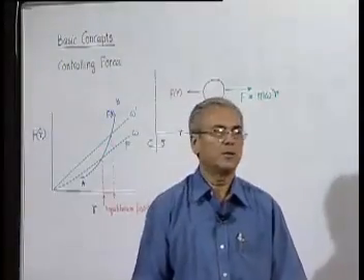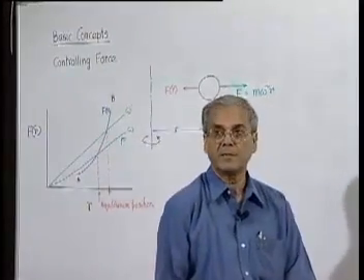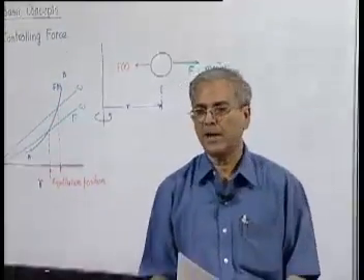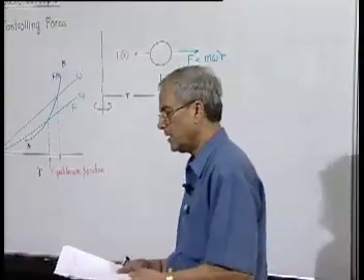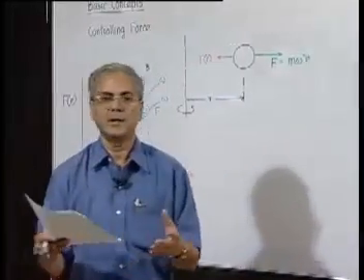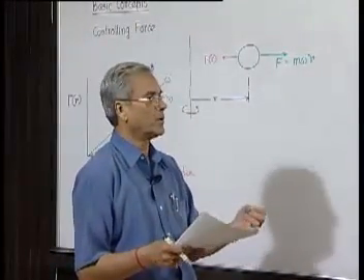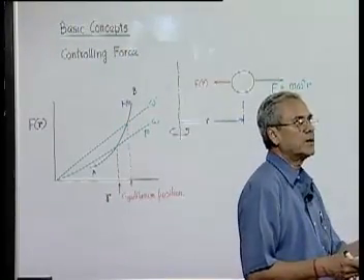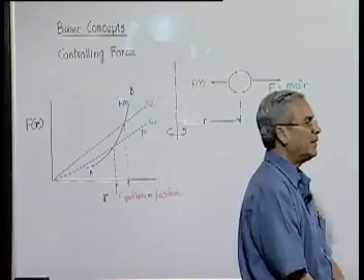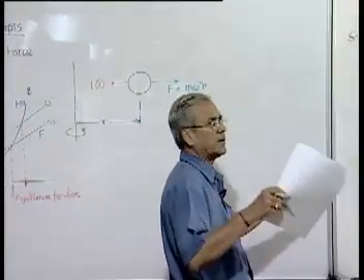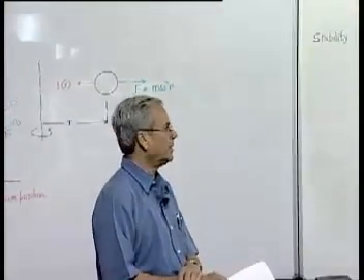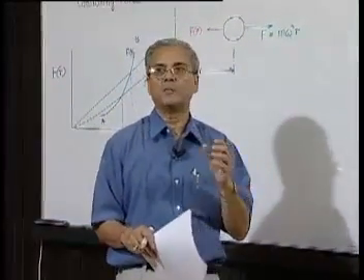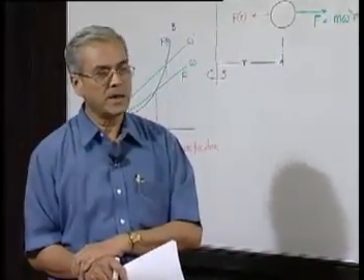The next important point we have to keep in mind is the stability of operation. What is stability? As it is defined in many other cases, here also stability is defined by what happens if the system is displaced from its equilibrium situation. If we displace the configuration a little bit from its equilibrium running condition, and it comes back to the original equilibrium position, it means the governor is running in a stable fashion.